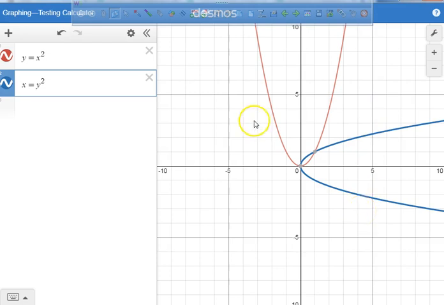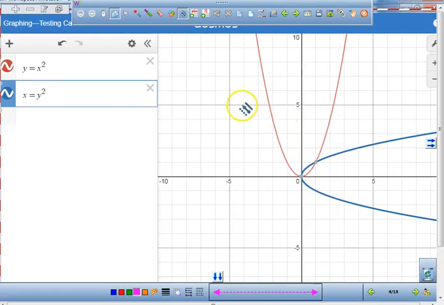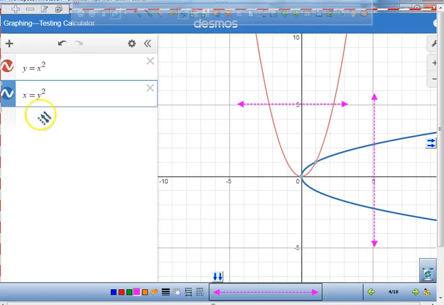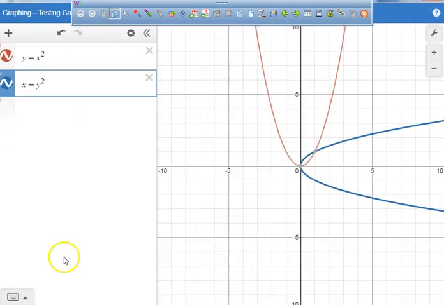So in review, if this doesn't pass the horizontal line test, which means it touches it more than once, then its inverse will not pass the vertical line test, where it crosses it more than once. All right? So that's the first concept that we're going to talk about.